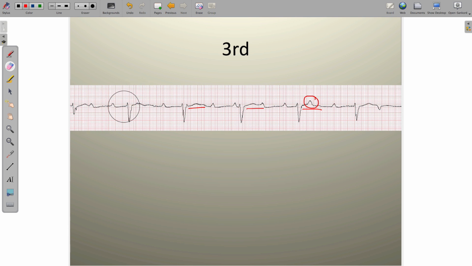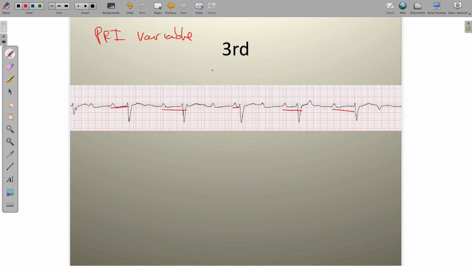So third degree heart block is kind of an easy heart block to interpret, and here's why. Remember that we want to look at the PR interval. All right, and the PR interval in this case, if we look at it, look at this PR interval, look at this PR interval, PR, PR. If you look at these PR intervals, there is absolutely no relationship between them. So these guys are variable.